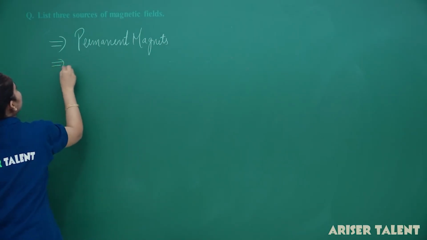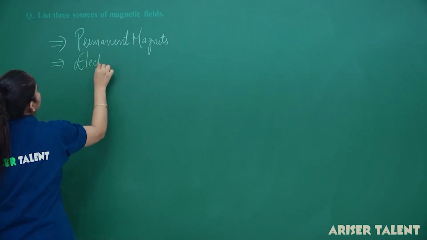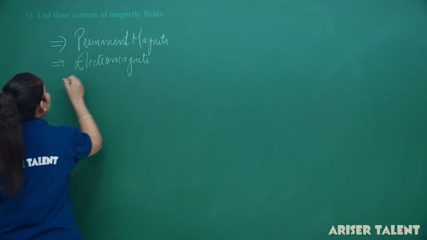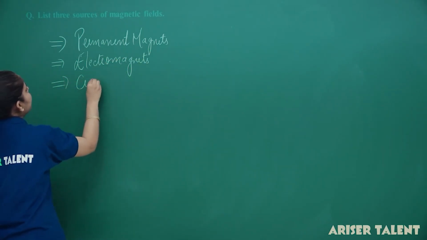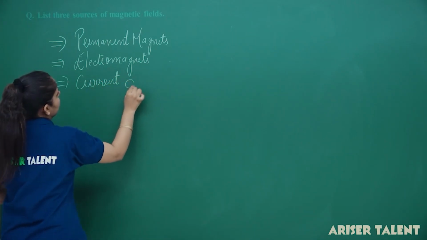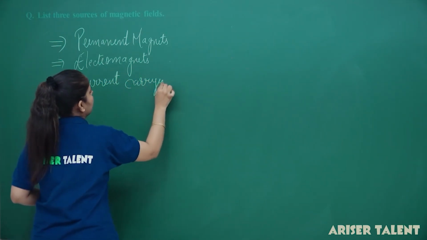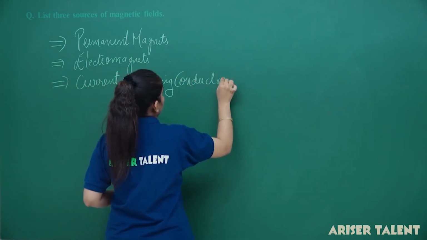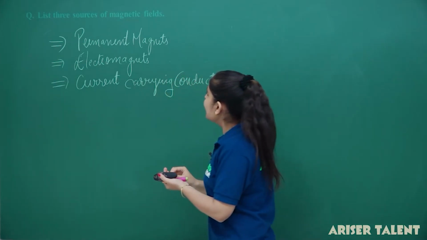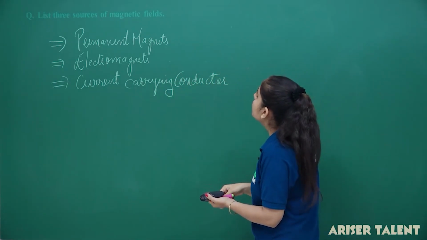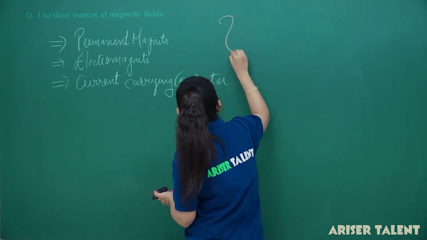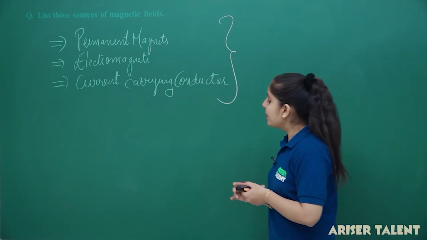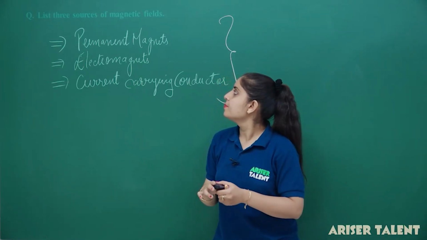Second one is electromagnets. Electromagnets will always give you the magnetic field. And third one is a current carrying conductor. So, these are the 3 sources from which you can get a magnetic field: permanent magnets, electromagnets and the current carrying conductor.